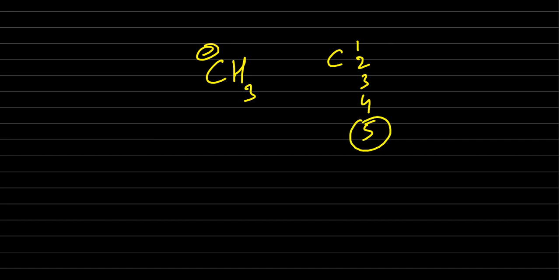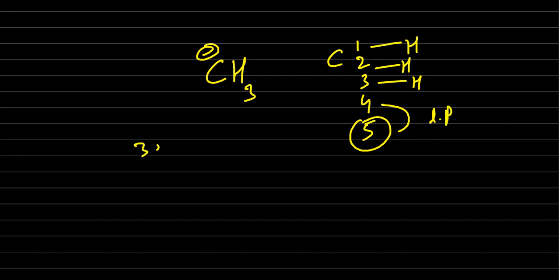Okay. Next. Suppose CH3 minus is there. Take carbon's valence electrons, 4 electrons. 1 extra electron is there, because minus means you have to add an extra electron. Now total 5 electrons. 3 hydrogens take 3 electrons, and the remaining 2 electrons make 1 lone pair.